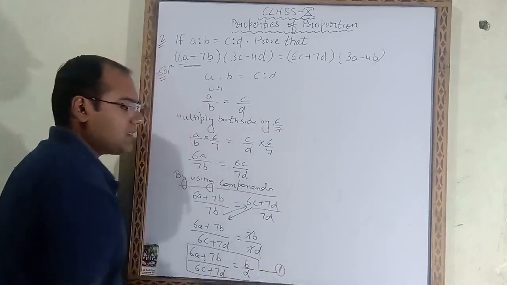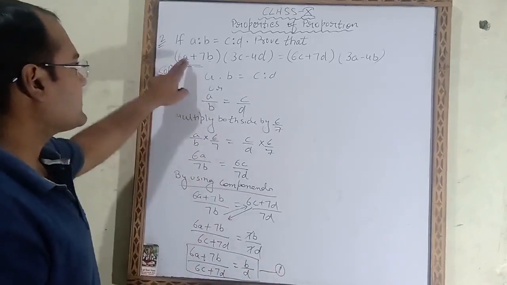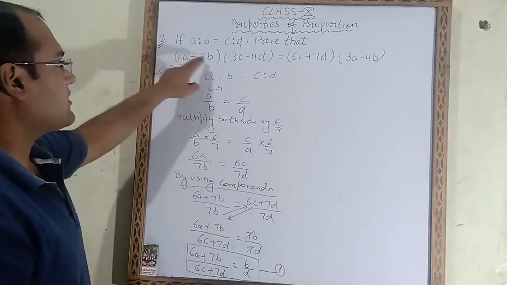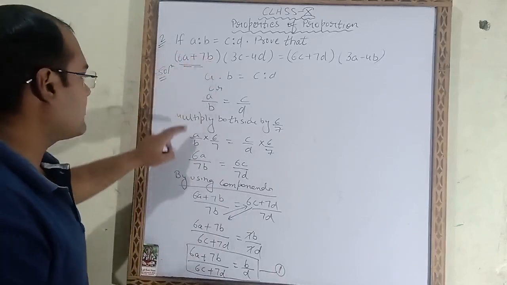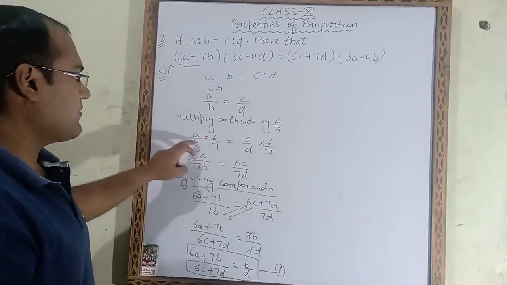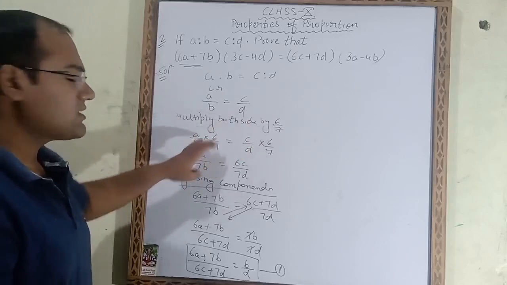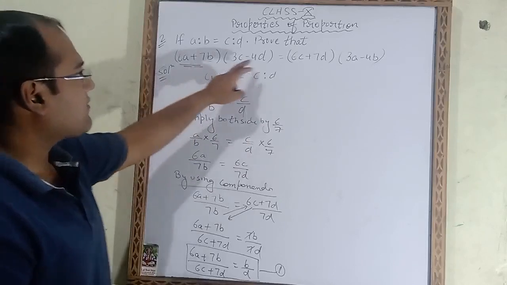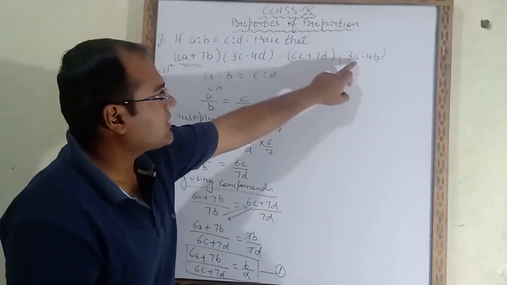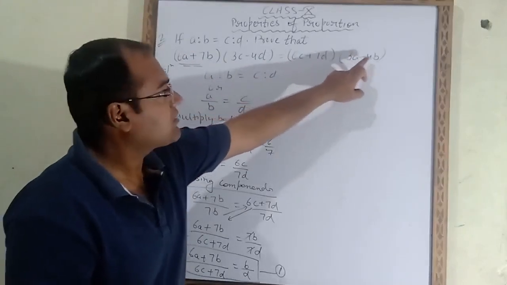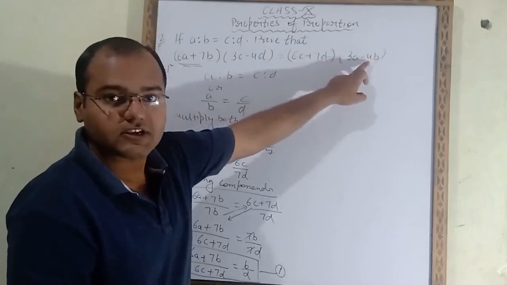This is equation number 1. So what had we done? We had seen that with a, 6 was there and with b, 7 was there. So we had multiplied a with 6 and b with 7. That means 6 upon 7. We had multiplied both sides with 6 upon 7. In the same way, if we observe here, with a 3 is coming, with b 4 is coming.